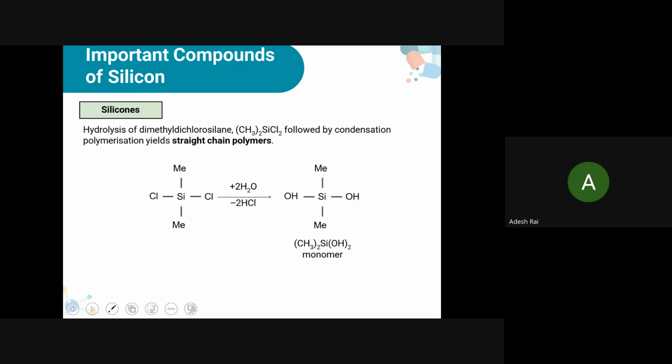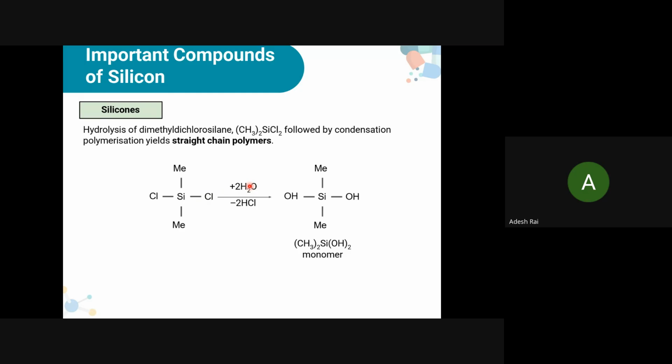Now, if we have dimethyl dichlorosilane, so two methyl groups and two chlorines, okay. If it undergoes hydrolysis, then what will happen? H2O will come and attack on silicon because this is polar, delta plus, delta minus. So OH will come and attack.